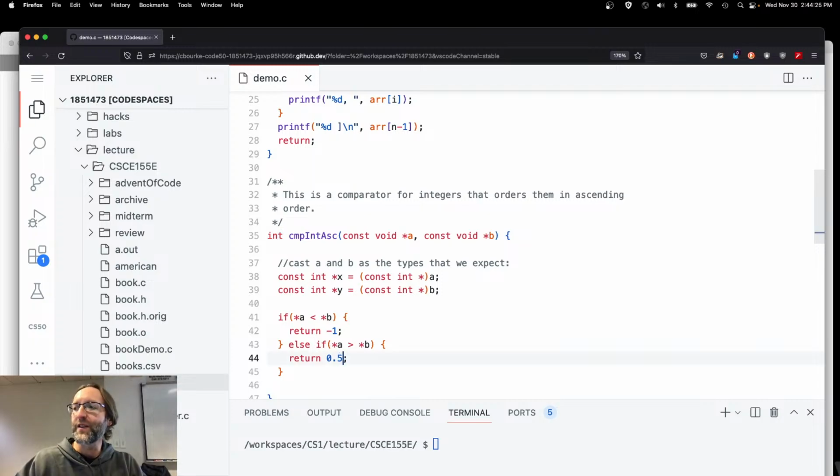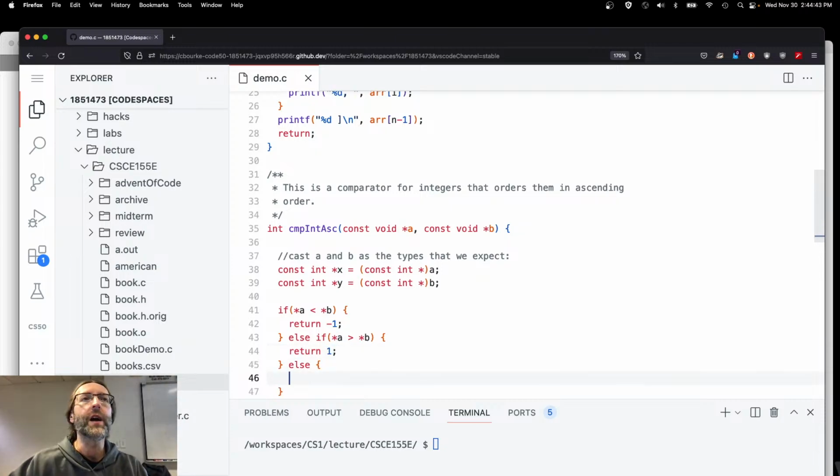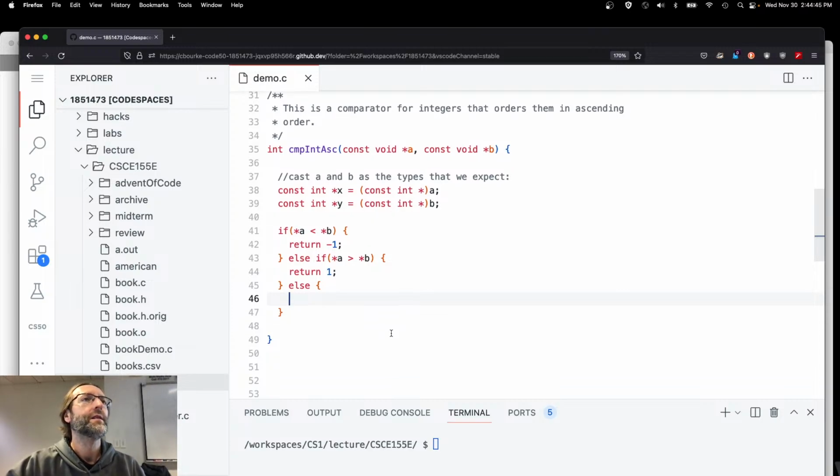Integer truncation, therefore 0. Are they equal? No, they just said that one's strictly greater than. Right? Don't do that. Only work in integers. Don't work in floating point numbers. So return 1. Don't get fancy. No, just keep it simple. Else, what's the only other possibility here? They're equal, so return 0.